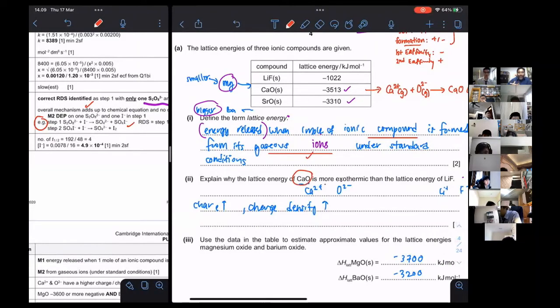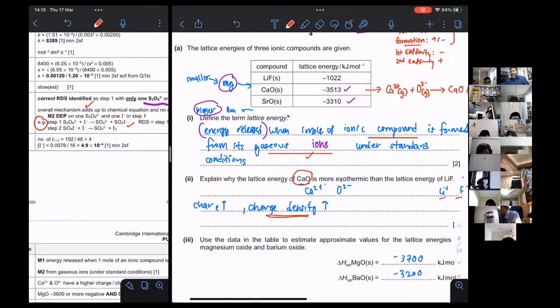So when they say CaO is more exothermic, it depends on the attraction, which must depend on the charge density. The formula for charge density is charge divided by radius. We use this quite often. You do not need to worry about the radius of Li and F if the charge itself is different.